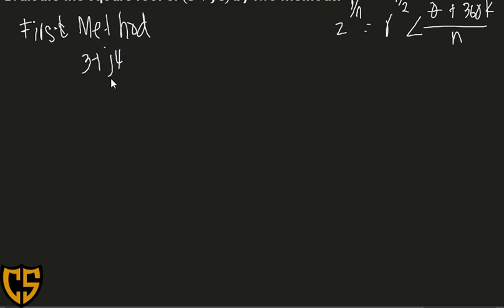So we are going to equate our equation into x plus jy because that is what we will find. So we equate x plus jy equal to the square root of 3 plus j4.